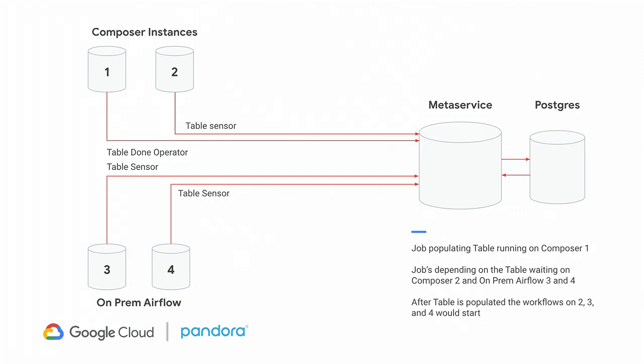There are several jobs that are waiting on that table to be done on Composer instance number 2 and on-prem 3 and 4. After the table is populated in Composer 1, it would send a status done to that metaservice in that Postgres API. That Postgres database. And then the metaservice would then tell 2, 3, and 4 that job is now complete, and then their workflows would be able to move on from there.